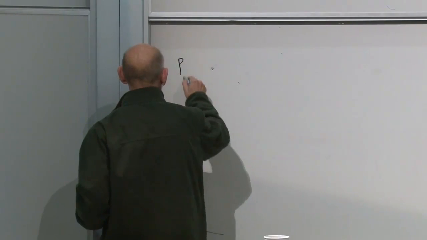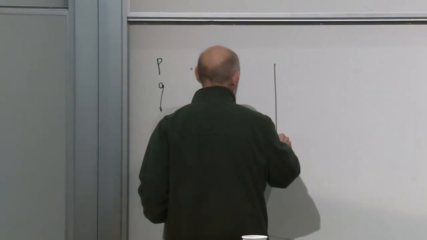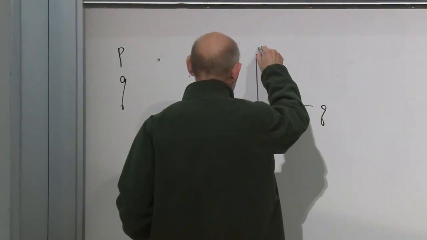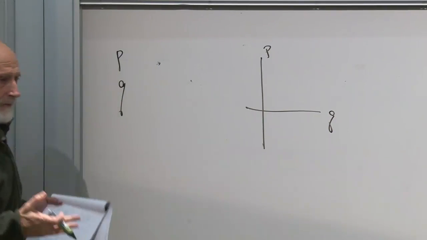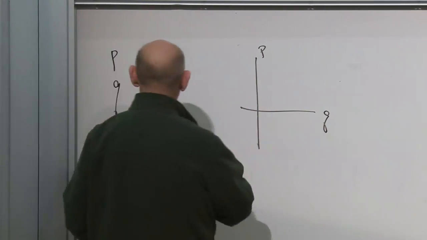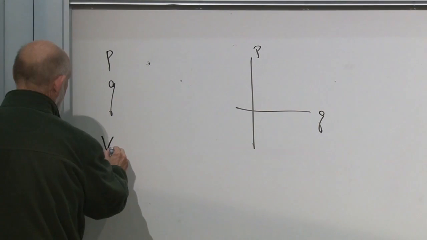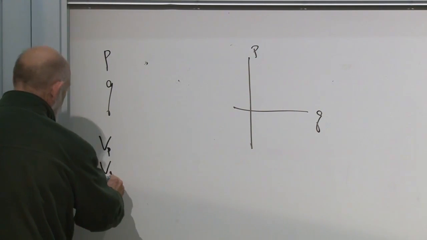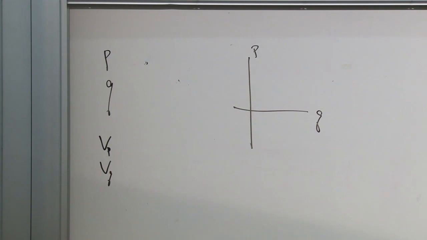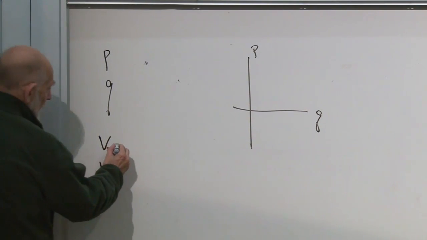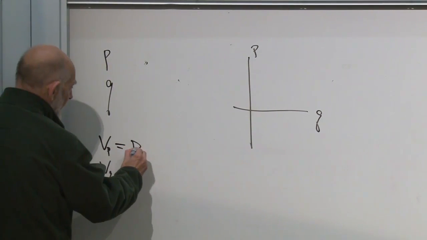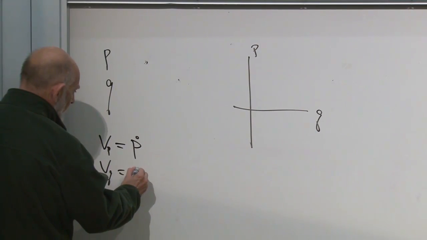So we have one P and one Q, Q and P. And what is the velocity vector at every point? The velocity vector, let's call it V sub P and V sub Q. These are the components of the velocity vector. And by definition, Vp is P dot and Vq is Q dot.